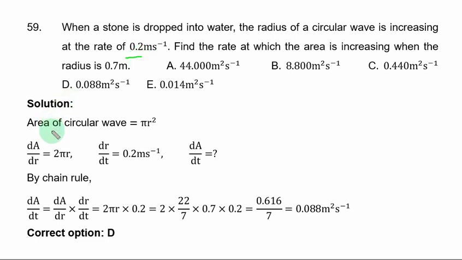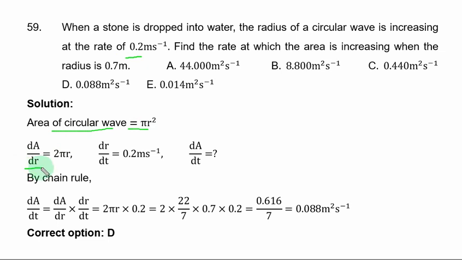Solution. Area of circular wave is pi r square. From this area, we need to get the rate of change in area with respect to the radius r, that is dA dr.